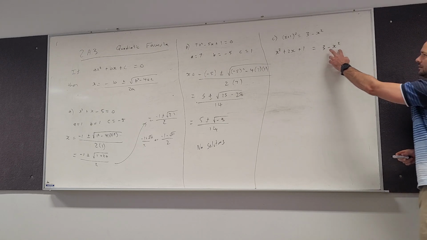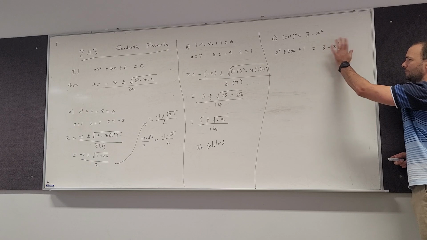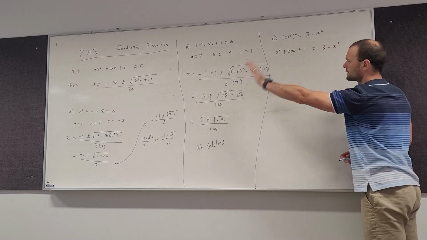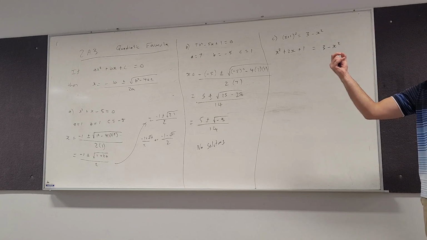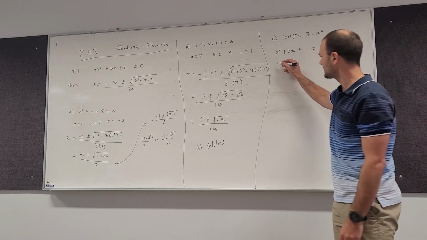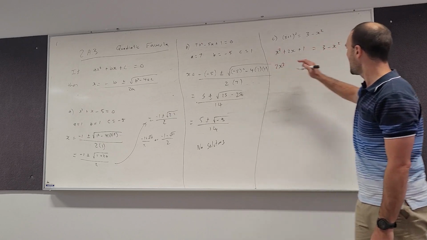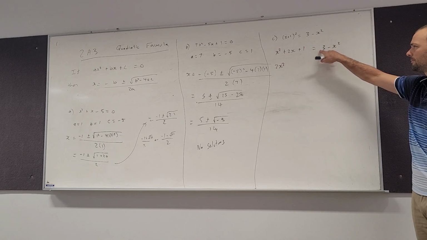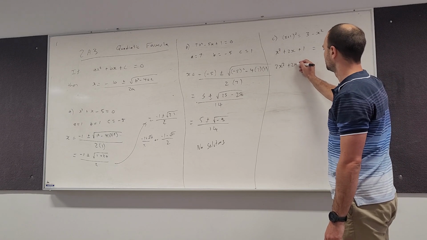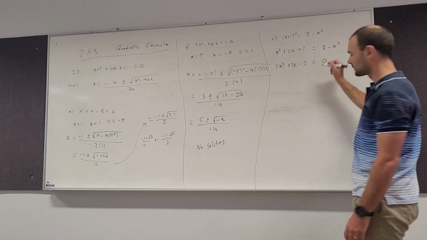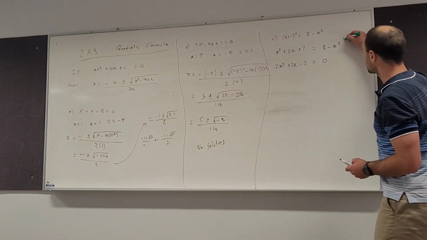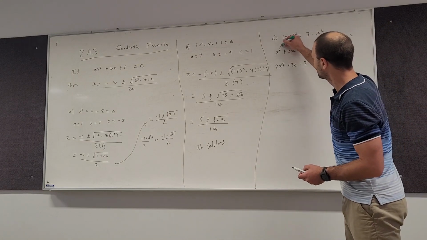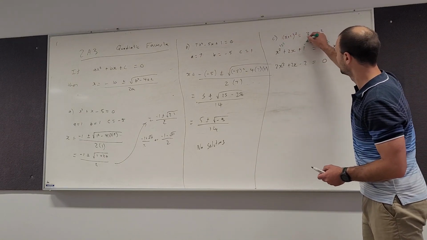Then we've got this negative x squared here, so we want to move all of those things over to the left-hand side. So I'm going to plus x squared to both sides. If I plus x squared, that's going to give me 2x squared over here. And I'm going to take away 3 from both sides. I'll write up those operations in a different color. So I'm going plus x squared to both sides, and I'm going to take 3.